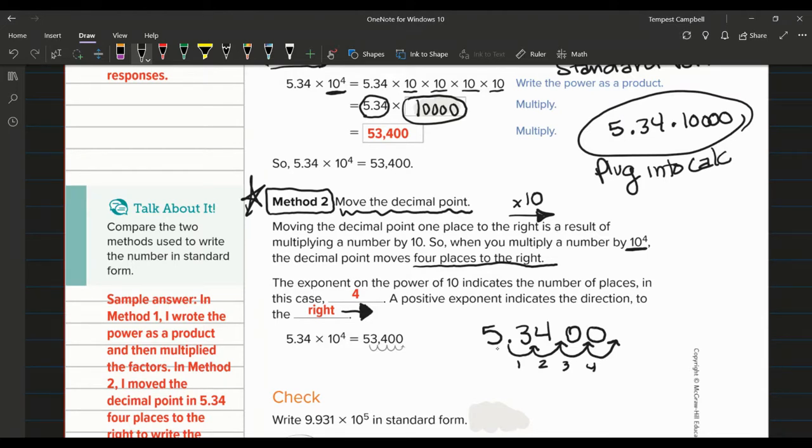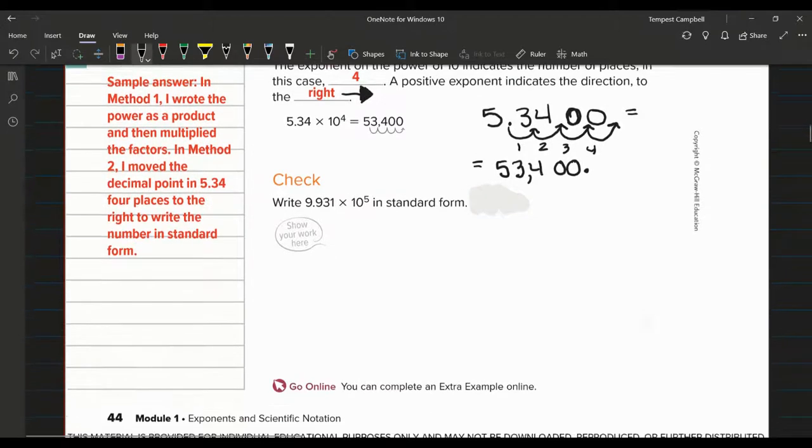Because every time we move the decimal over 1, we have to add a 0 to show that we're moving place value. So then my final answer is going to be 5, 3, 4, 0, 0, and our decimal is at the end. And so we get 53,400. All right, go ahead, try the check, pause the video.